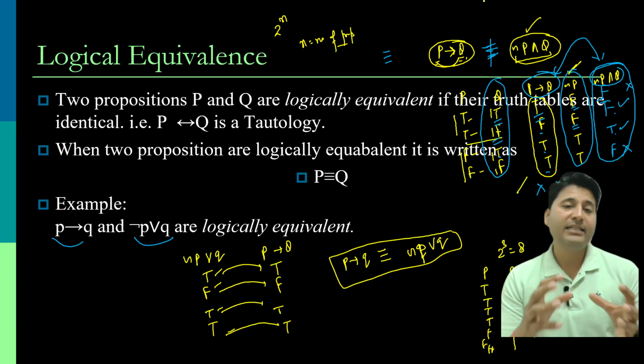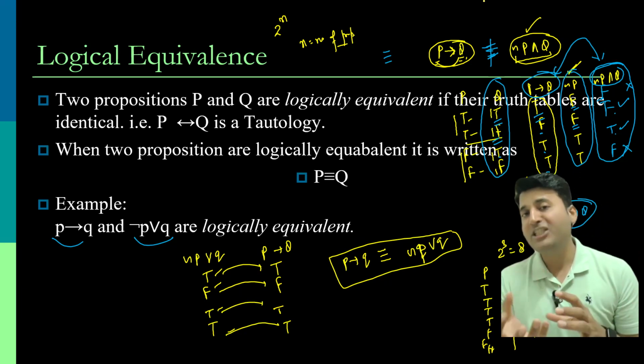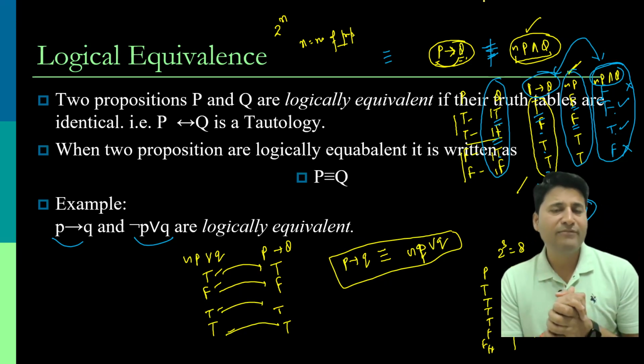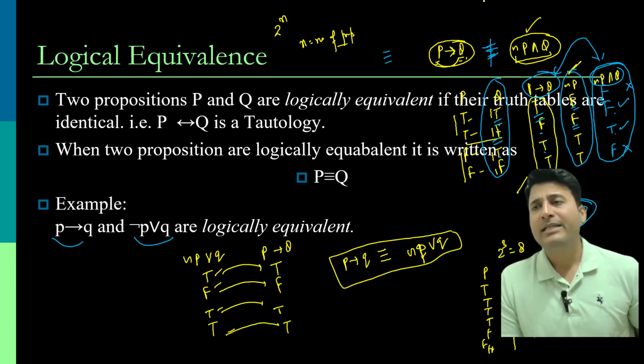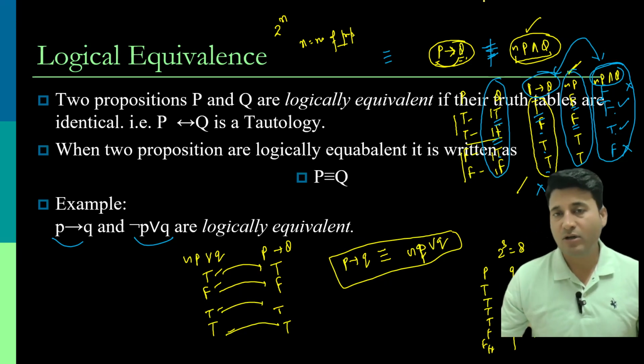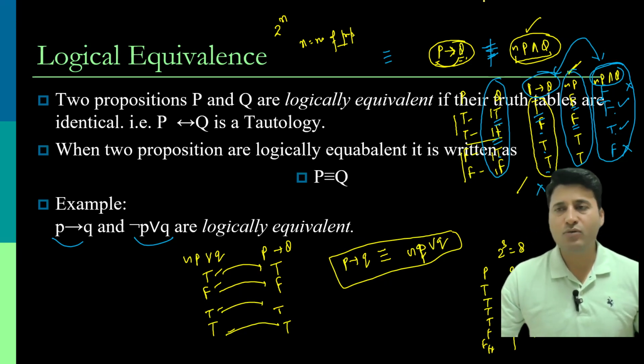When we generate some compound proposition, and if it is in some specific form which we call normal form, then it's quite easy to evaluate it, quite easy to find its truth value, whether it is working or not. Okay, so let us close this session.